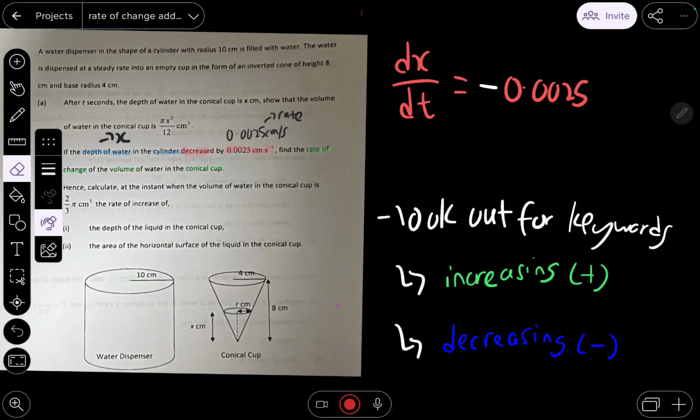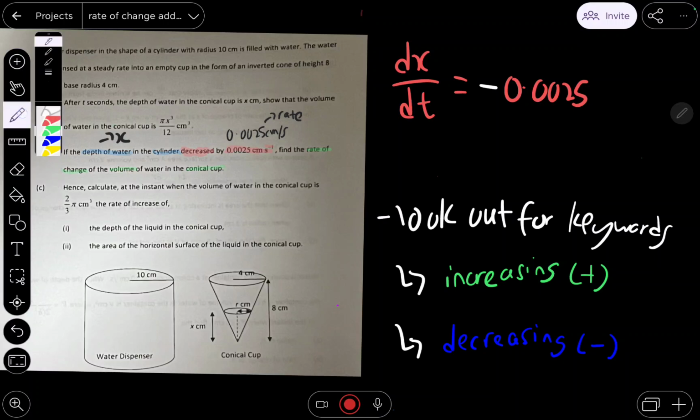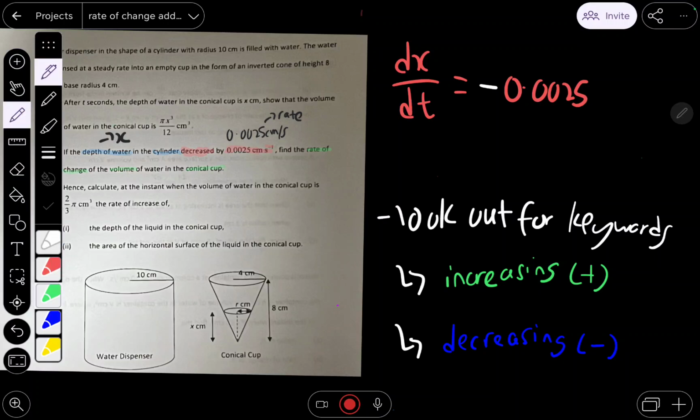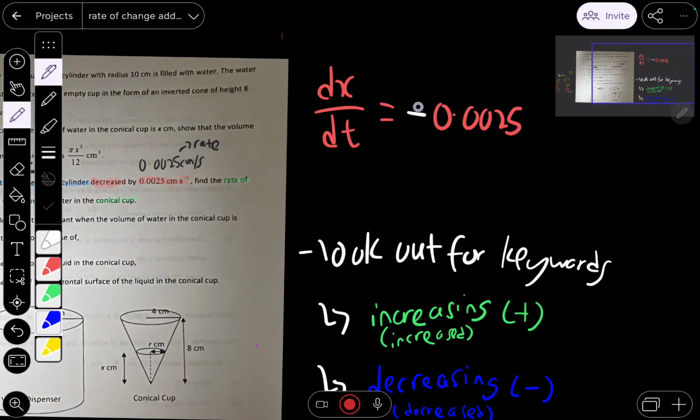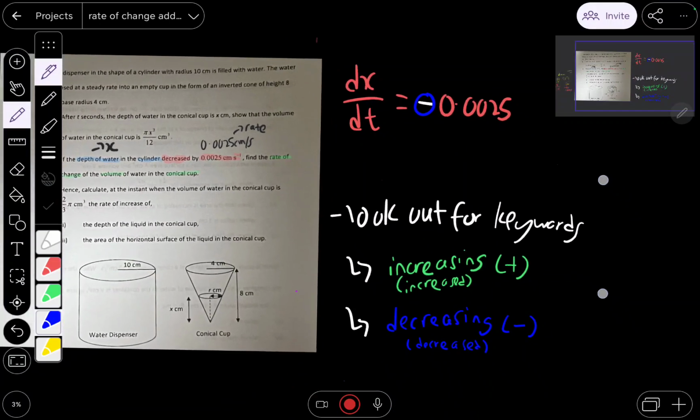So look out for keywords. And that's why, since the question says decrease, it can be, okay, maybe I'll write increased, same thing, decreased. So if it decreased, that's why my sign here is a minus sign.